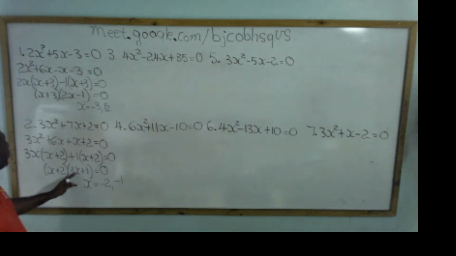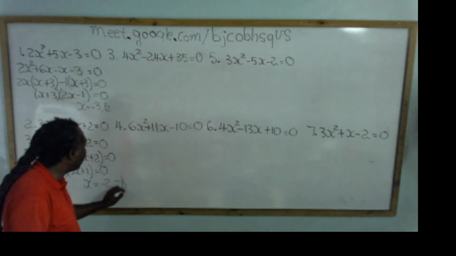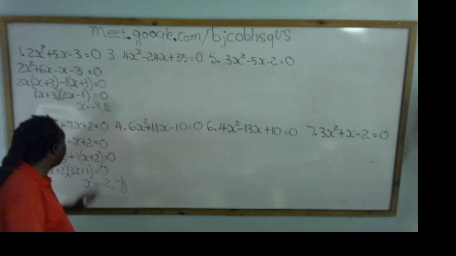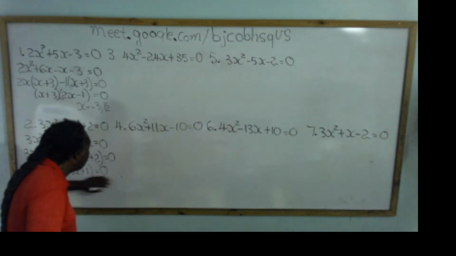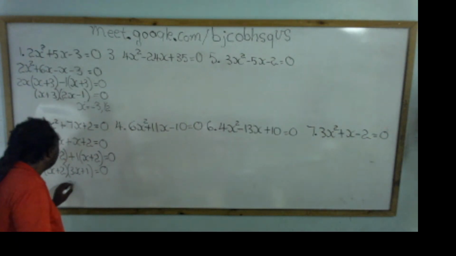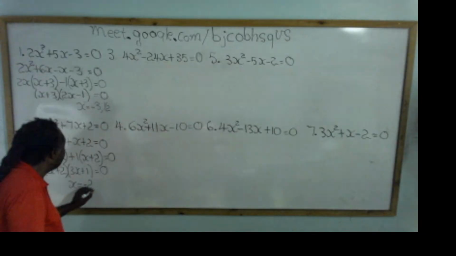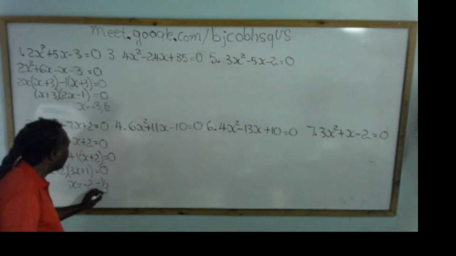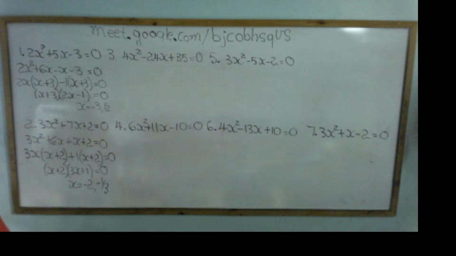If you have 3x, you'll have to eliminate the 3 by division. So it's going to be a negative third, like that. You'll have to eliminate the 1, and then you'll divide by 3.